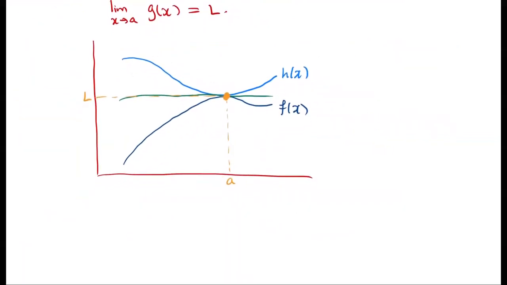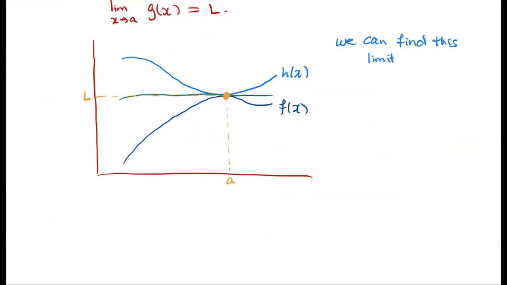So that means we can find this limit as x approaches a. Usually you would be given a function where you want to evaluate where it's approaching, but the function is not that easy to figure out where it's actually approaching.